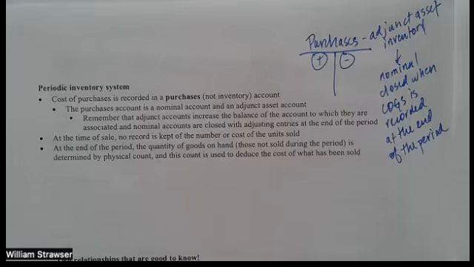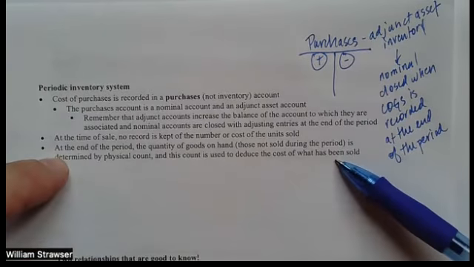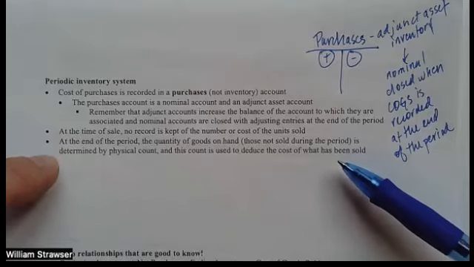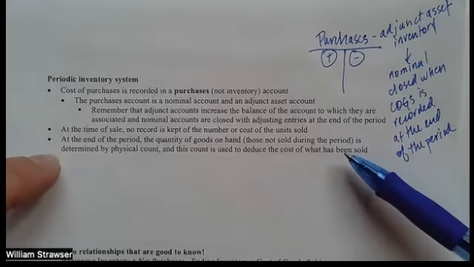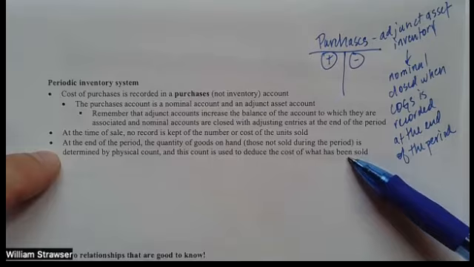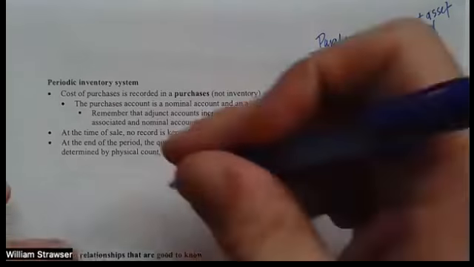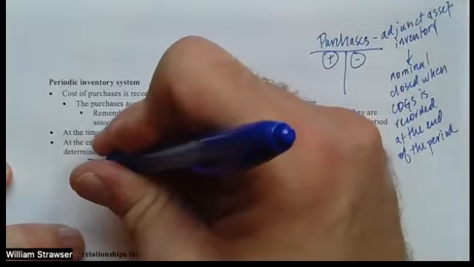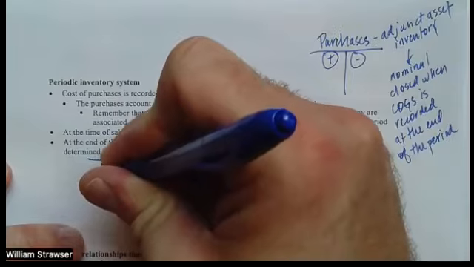At the end of the period, the periodic system absolutely relies on the fact that we're going to do a physical count. And from that physical count, we're getting our ending inventory.